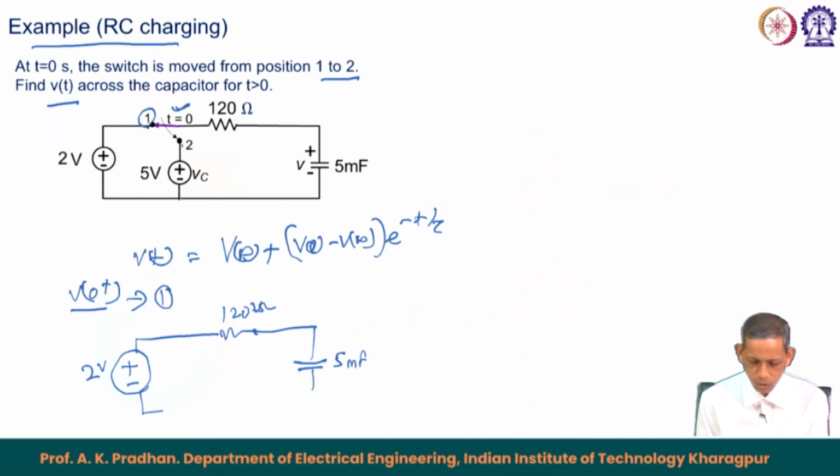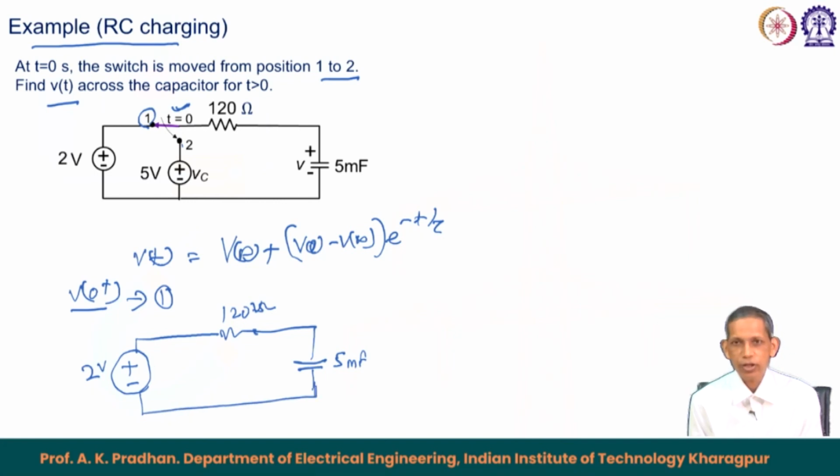The circuit is closed like this. Now in this steady state, the capacitor acts as an open circuit. Therefore, V naught becomes equal to 2 volt.